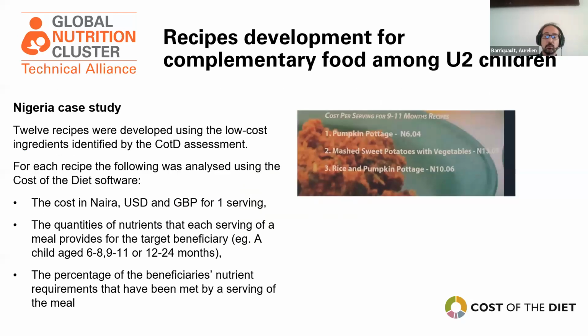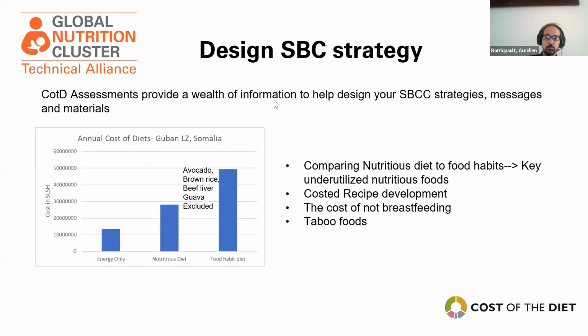Also the impact of the cost of non-breastfeeding children. This is something that we could include in the analysis, and this also could be part of the advocacy. So if you recall, we put this as another use of the cost of the diet tool. Next slide, please. Sorry.